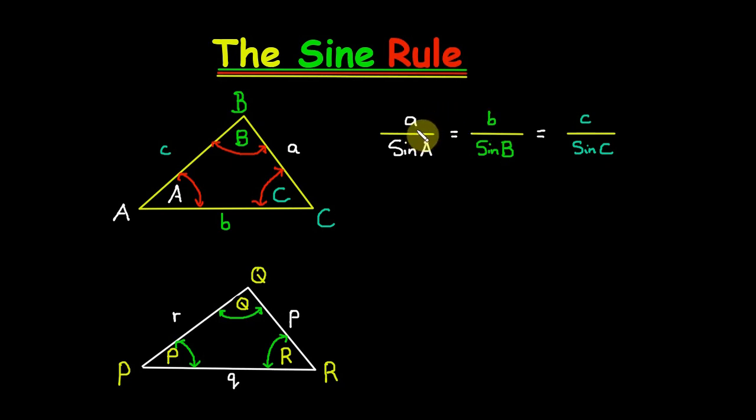A over sine A is equal to B over sine B is equal to C over sine C.